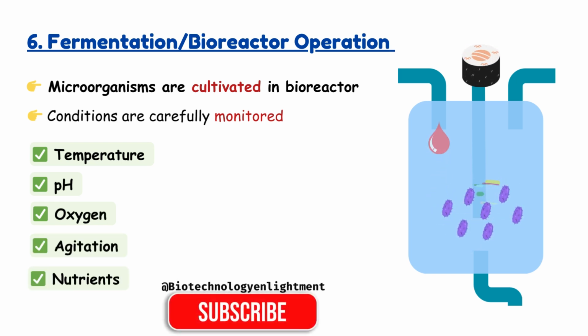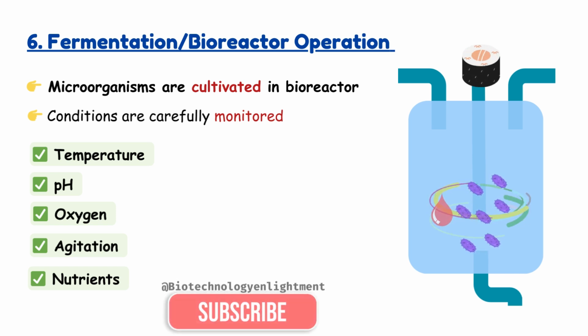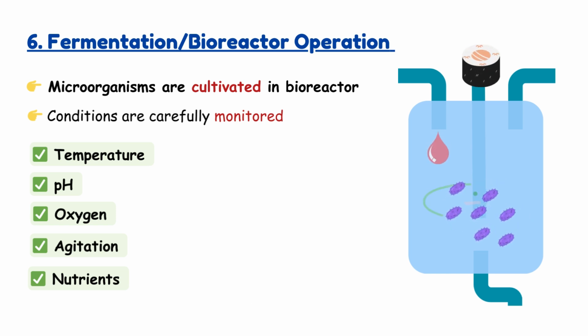These parameters are very important and are checked very carefully, so they don't lead to any kind of error in the product formation. It is a process where growth is occurring, and the lag, log, and all phases are seen in the fermentation process.